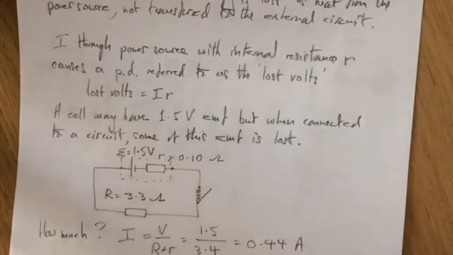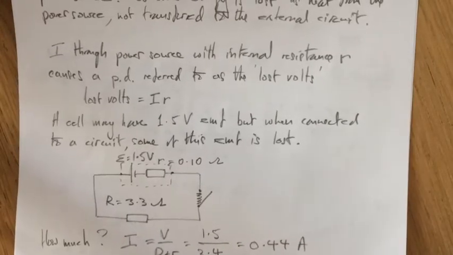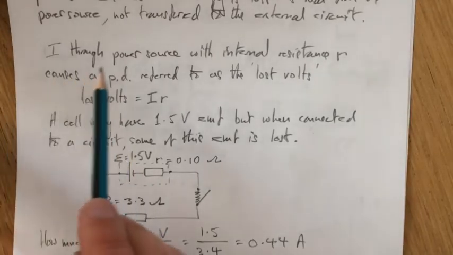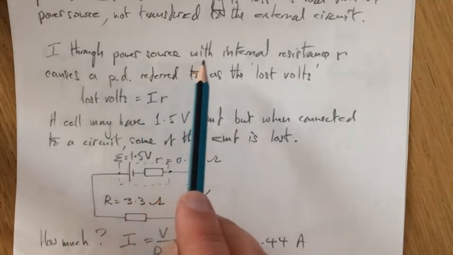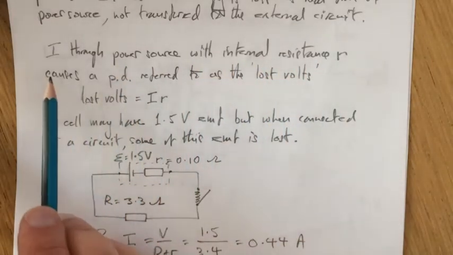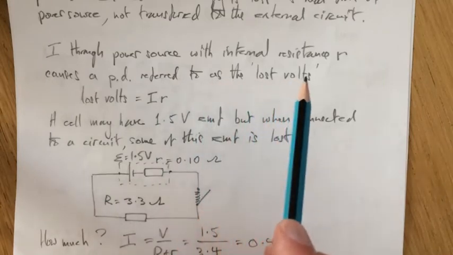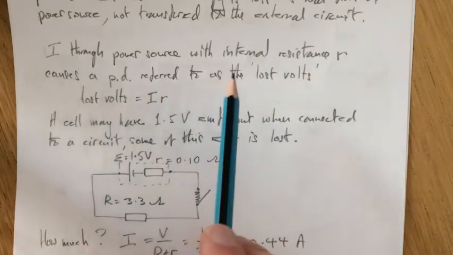Let us look at what effect this has on the amount of voltage that's available. The current through a power source with internal resistance r causes a PD referred to as lost volts across the internal resistance.